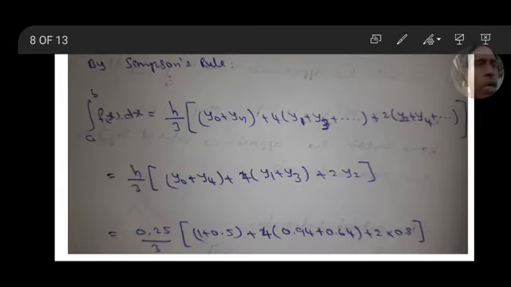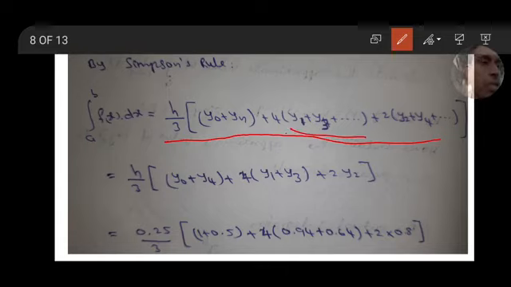What is the formula? By Simpson's rule, h by 3 into y0 plus yn, first and last ordinate sum, plus 4 into sum of odd ordinates, plus 2 into sum of even ordinates.